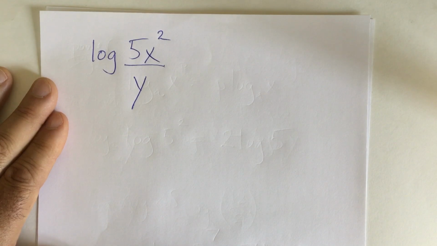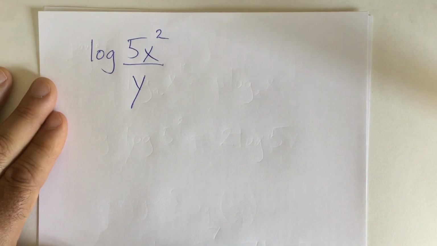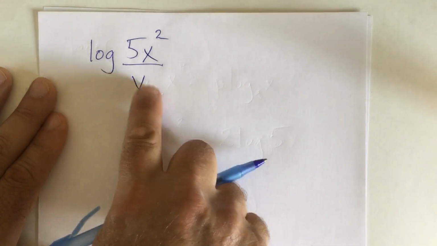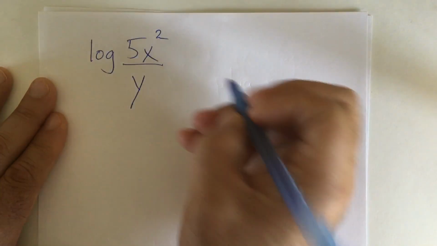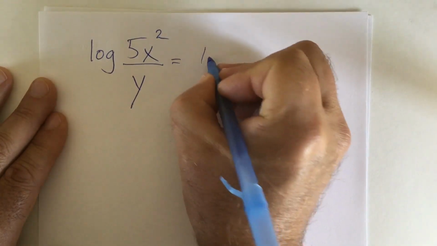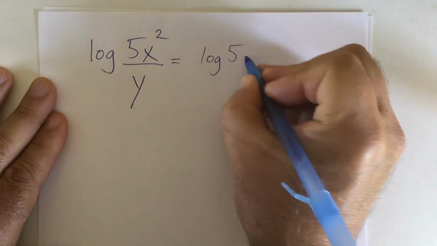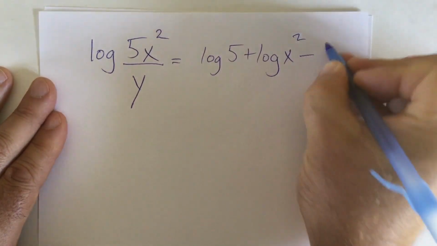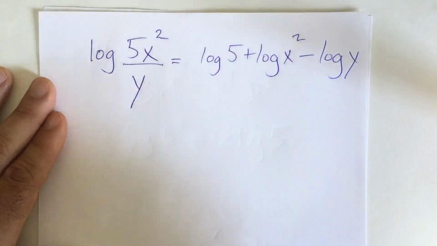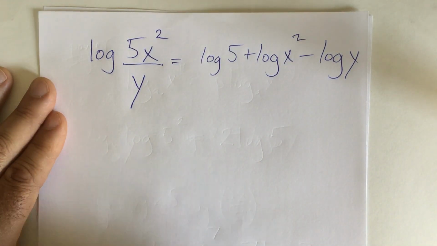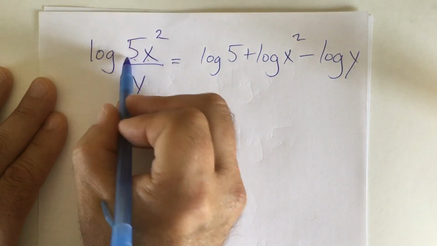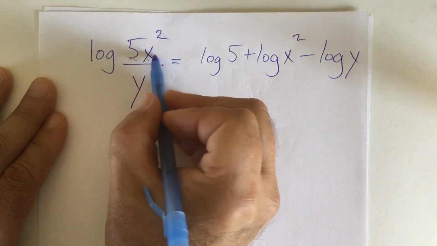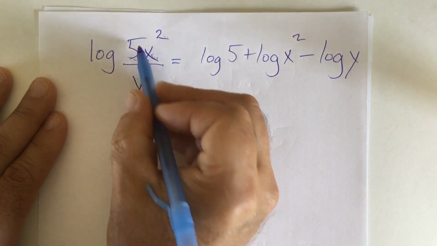I did not tell you this at the beginning of this recording, but this guy right here could be written like this: log of 5 plus the log of x squared minus the log of y. I could do that because that's a product, that's a power, and that's a quotient.